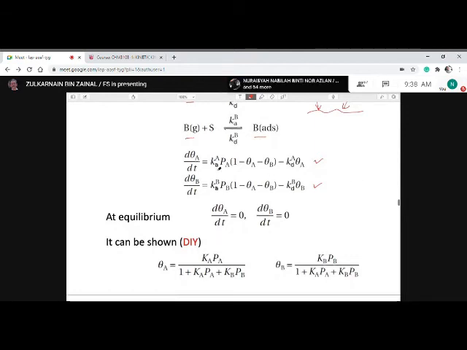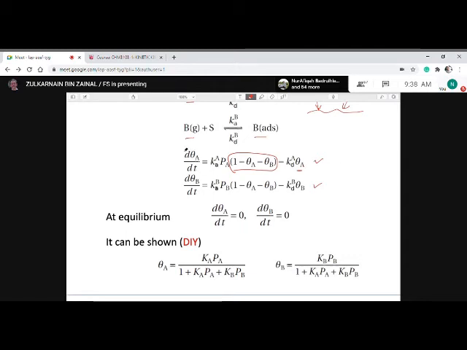As you can see, d theta dt, the adsorption depends on the site available, and the desorption depends on the amount adsorbed.